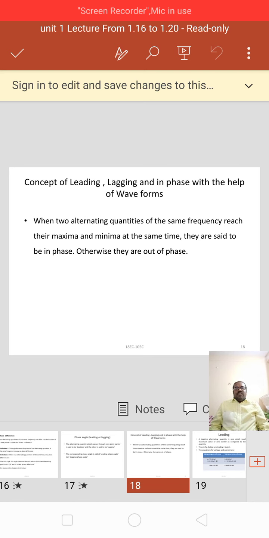Now the concept of leading, lagging and in phase with the help of waveforms. If two waveforms are in the same phase, it is like two people in a running race having equal speed, that is nothing but in phase. That is, the phase angles of the two alternating quantities are equal.